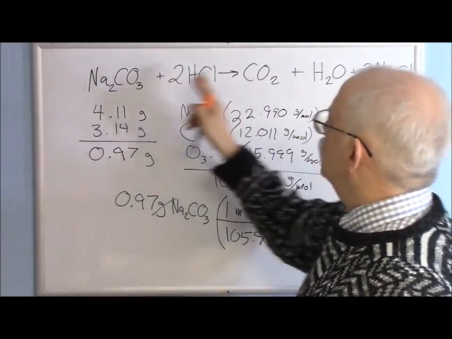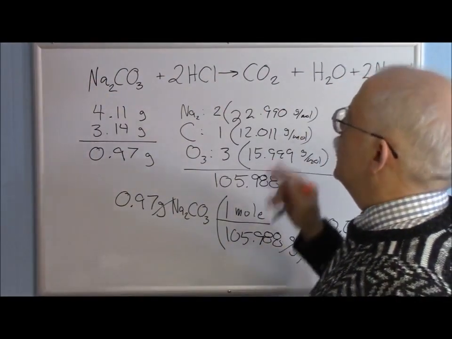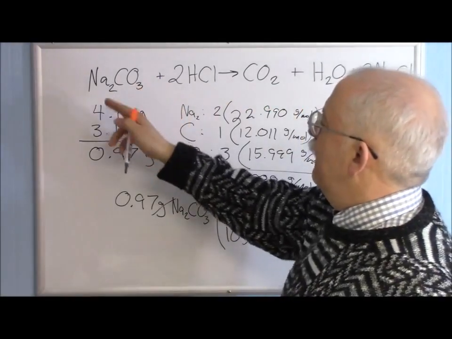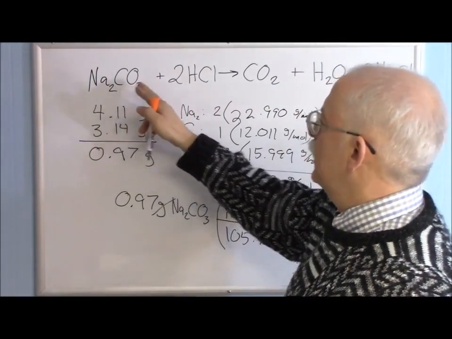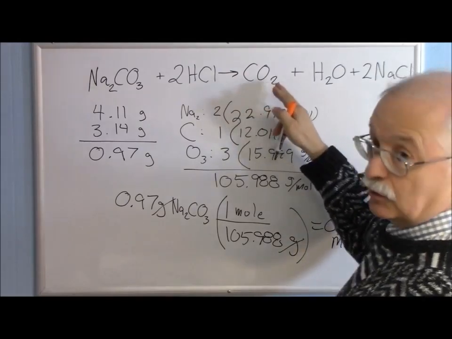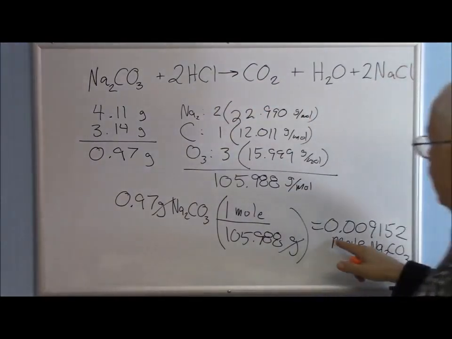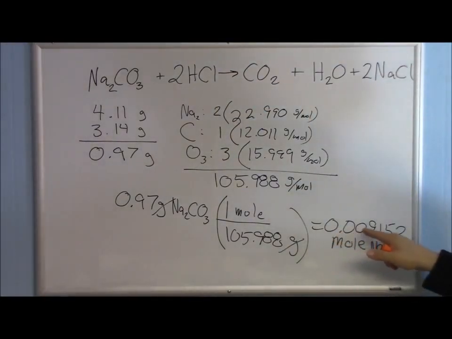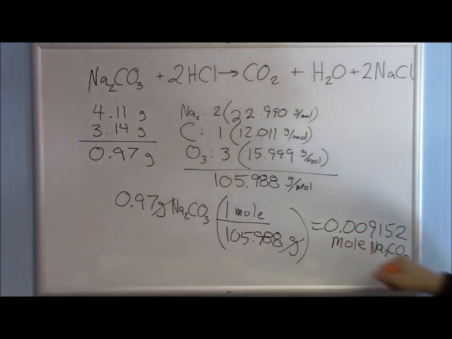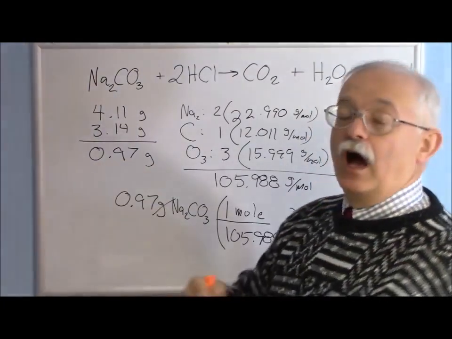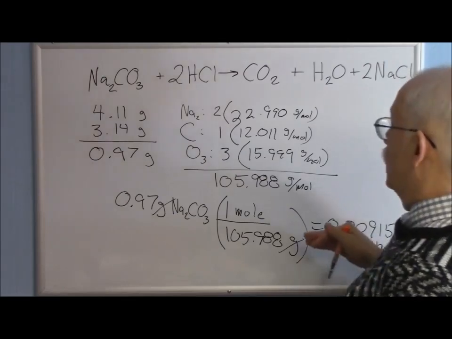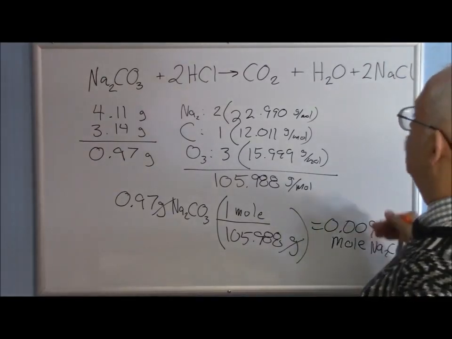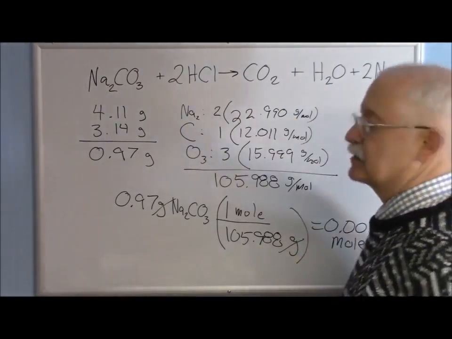So there's a 1-to-1 correspondence between those two species. If I have 1 mole of sodium carbonate, I would expect to get 1 mole of CO2. If I have 0.009152 moles of sodium carbonate, I would expect to get 0.009152 moles of carbon dioxide.